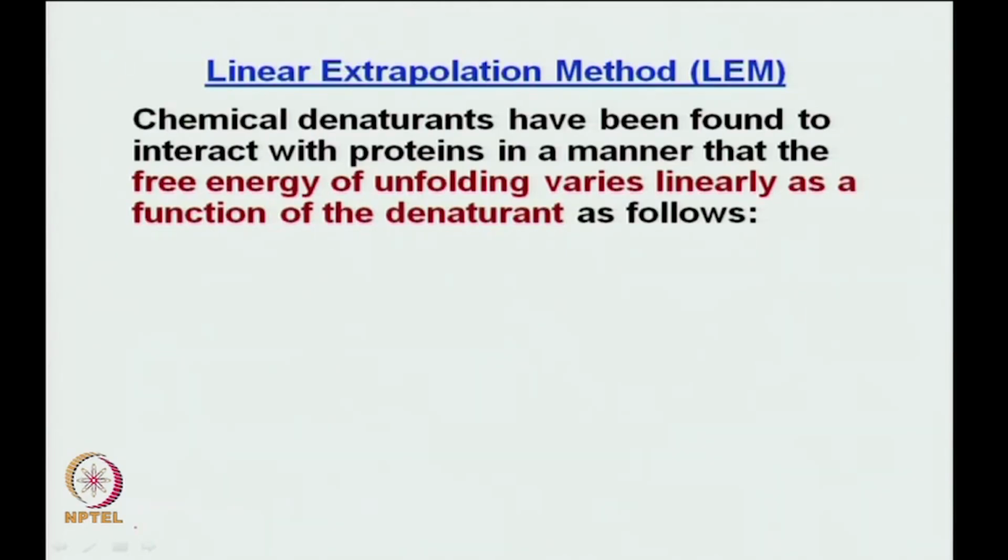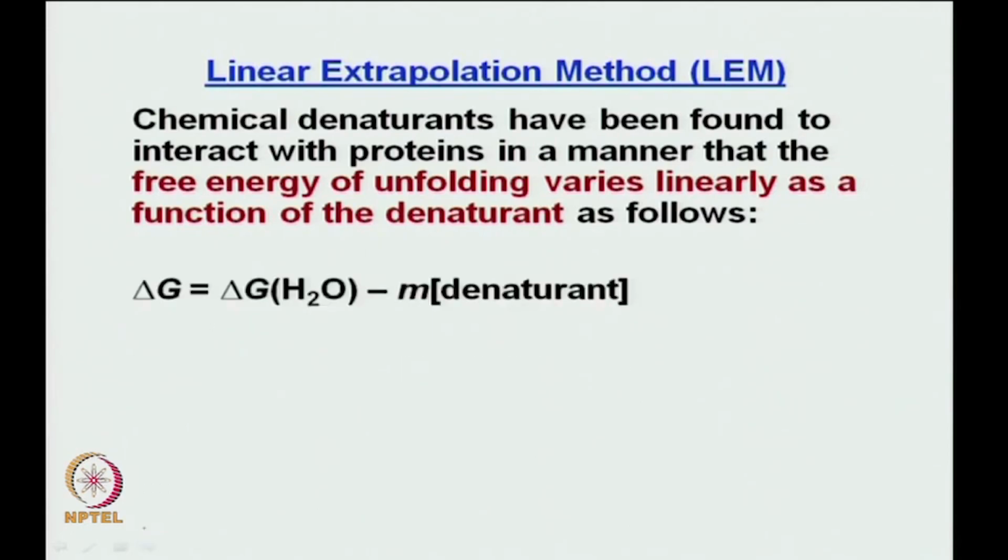Remember delta G D-N, if you are looking at that free energy of unfolding, this statement says that it has a linear variation with the concentration of the denaturant, which means I can write down something like this, that delta G, which is essentially delta G DN or delta G unfolding, is equal to delta G H2O minus m times the concentration of denaturant. So, this is a linear variation where m is the slope.